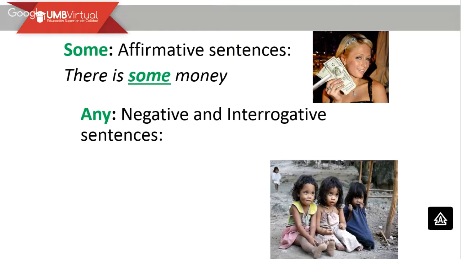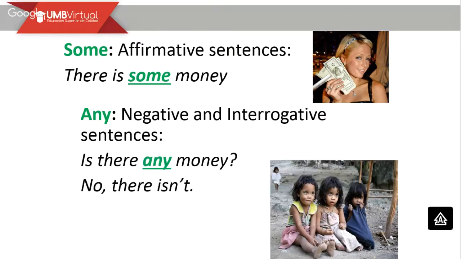So right here in some affirmative sentences, we have there is some money, right? Money is an uncountable noun. Okay, el dinero como tal, la palabra es incontable. And as we have right here, then there are other kinds of examples.